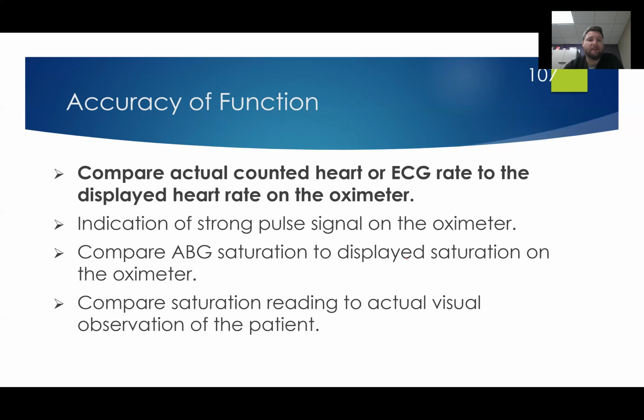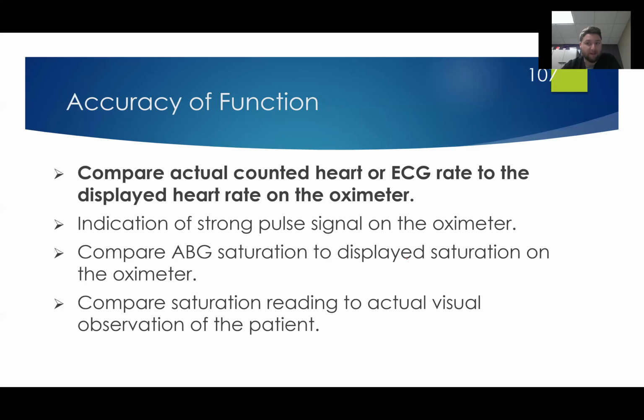When you're checking the accuracy of your pulse oximetry, you always want to compare the pulse rate that you're getting from your probe on your pulse ox to the actual pulse rate, either taken by literally getting their pulse on the radial artery with your fingers or looking at an ECG up on the monitor.